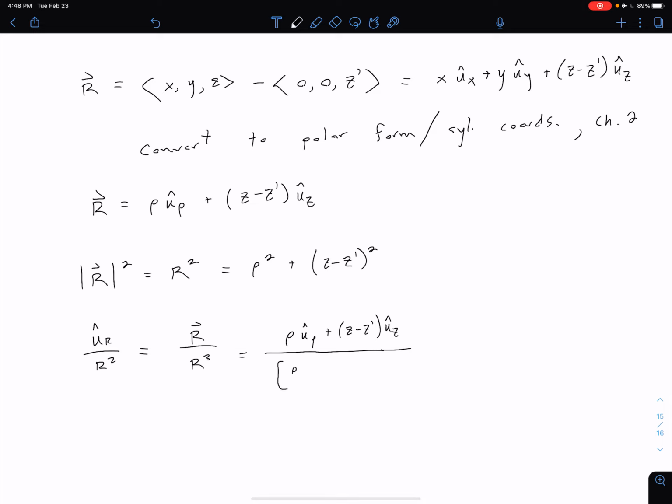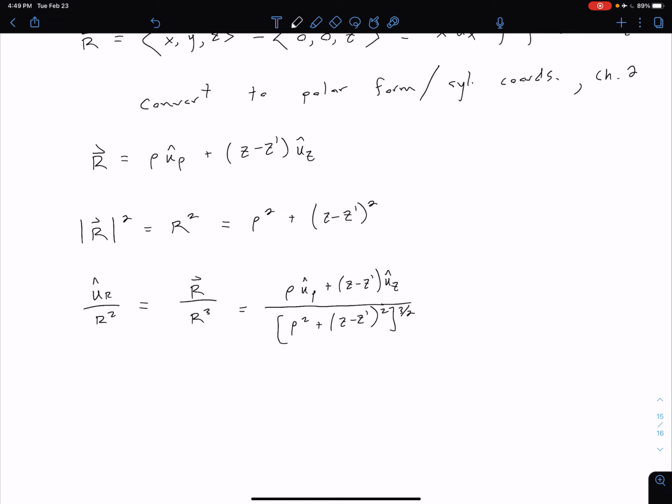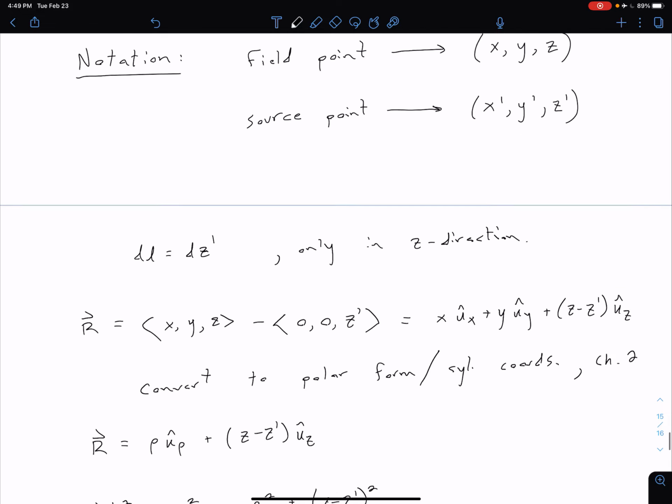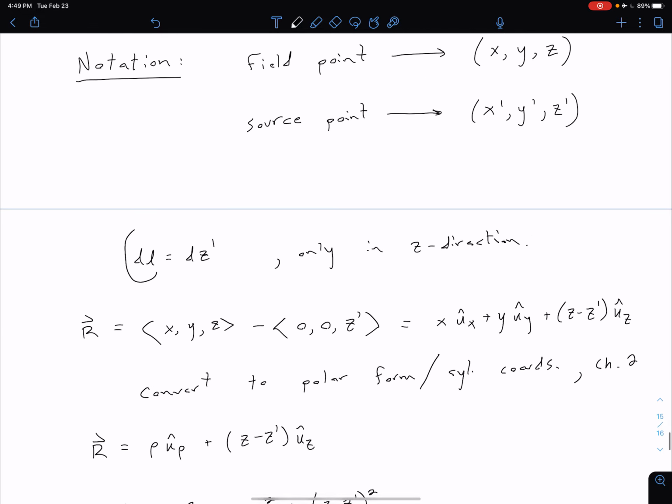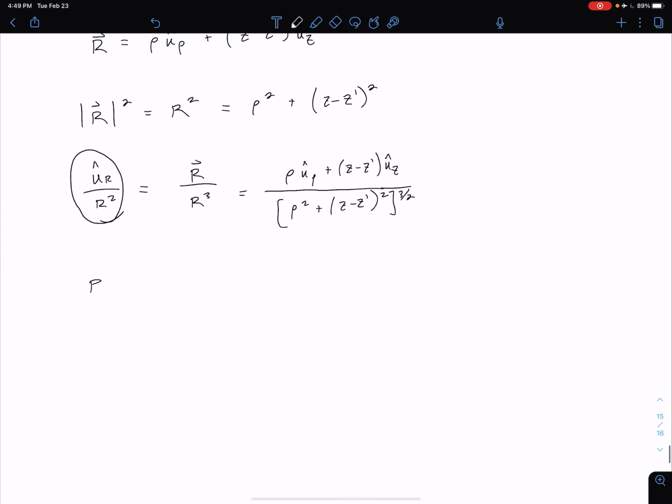So we have rho squared plus the quantity z minus z1 squared, and then raising that to the 3/2 power. Okay, so now we know our unit vector r over r squared. We had previously found up here our dl, so now we're ready to plug into our general equation.